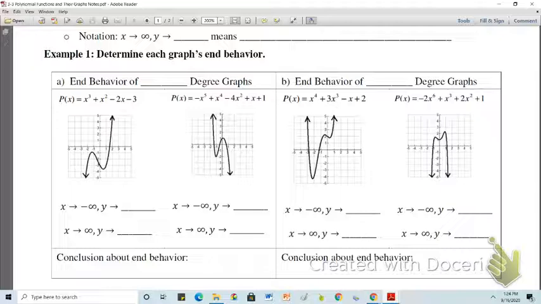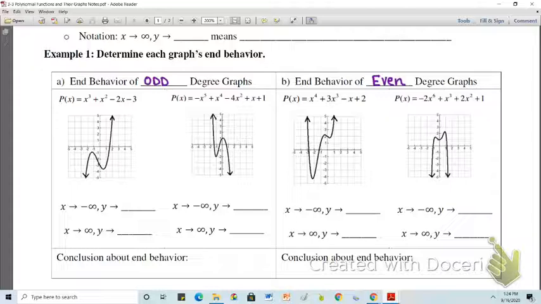So odd degree functions, and this is not saying the function itself is odd, but odd degree functions have a different end behavior than the even degree. In other words, for my odd degree, I have exponents of 3, 5, 7, 9, something like that. For even degree, my highest exponent is 2, 4, 6, 8.